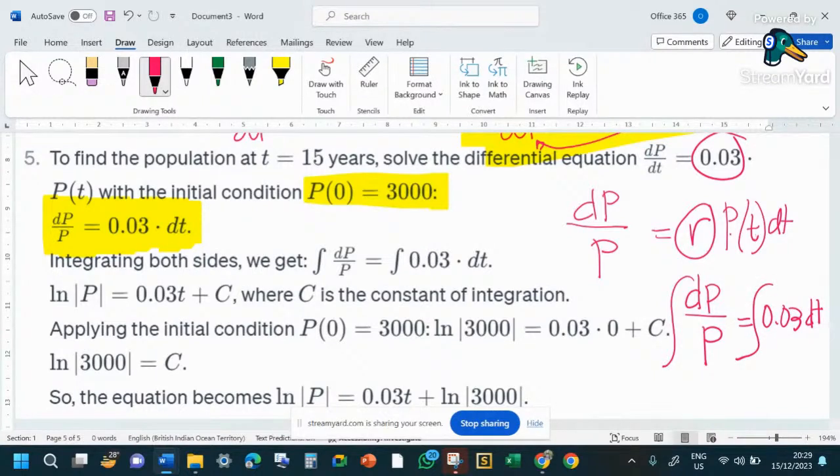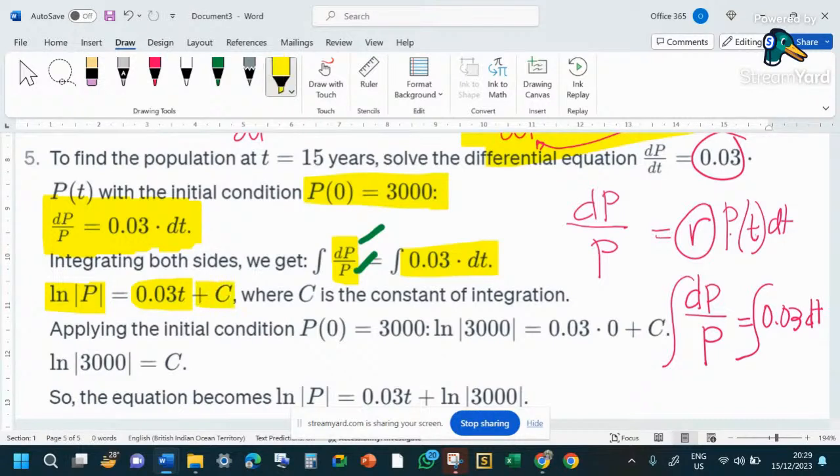Integrating dP over P, and the integral of 0.03 times dt, because the derivative of P is dP, it results to ln P. And when you integrate 0.03 times dt, you will get 0.03t. The integral of dt is t plus c.